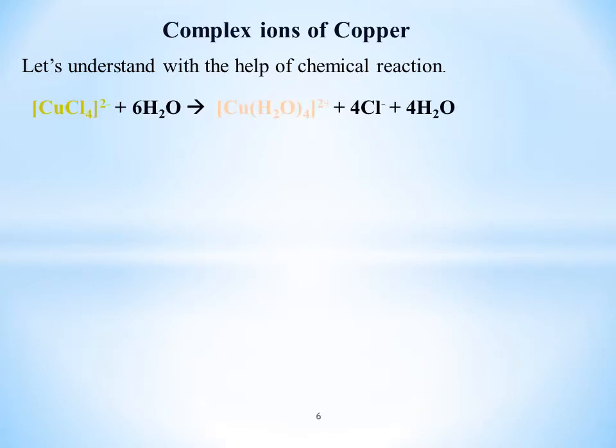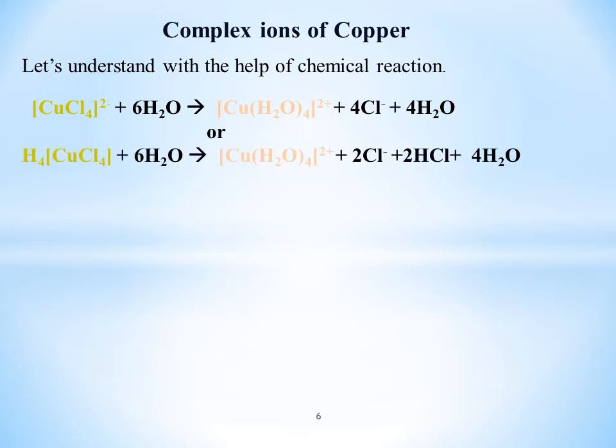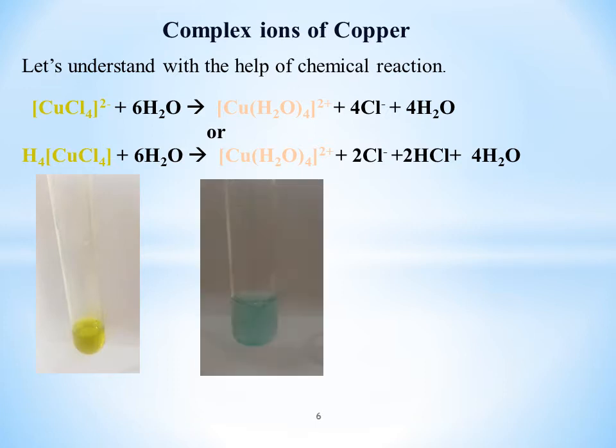Complex ions of copper are producing different color in this chemical reaction. The yellow solution turned to the sky blue solution is due to the formation of tetra aqua complex of copper.